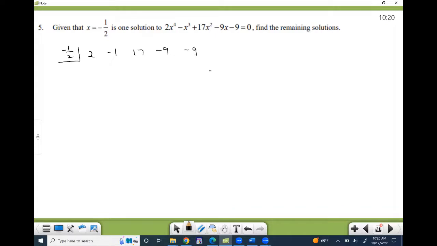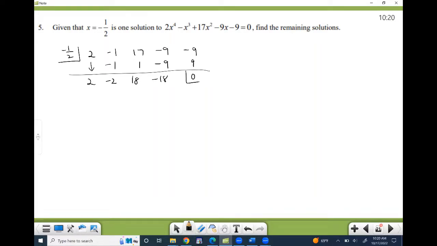And we know this is a solution, so we should get remainder 0. All right, negative times a positive is negative, and half of 2 is 1. Negative times a negative is a positive, and half of 2 is 1. Negative times a positive is negative, and half of 18 is 9. Negative times a negative is a positive, and half of 18 is 9.